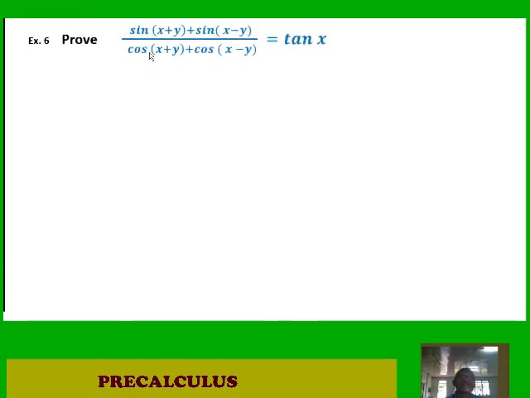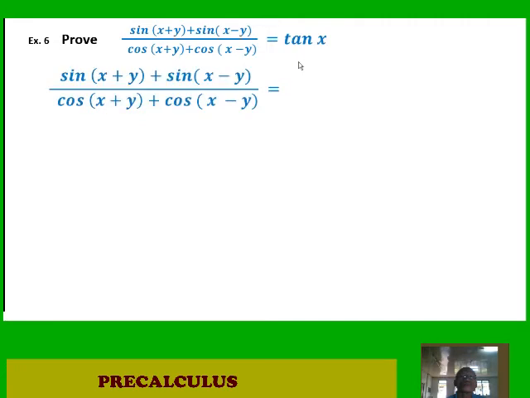Next, prove that sine of x plus y plus sine of x minus y all over cosine of x plus y plus cosine of x minus y is equal to tangent x. Okay, so we are working with the left side of the identity.